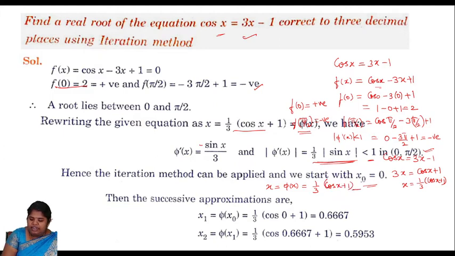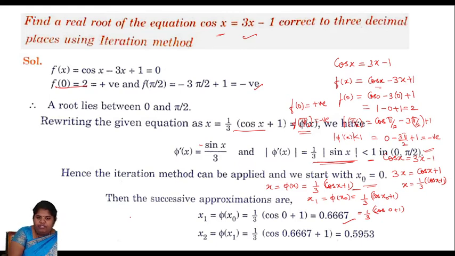In this equation, substitute the value of x naught. Therefore x becomes x1. x1 equals phi of x naught, which is 1 by 3 cos x naught plus 1. So 1 by 3 cos 0 plus 1, where cos 0 is 1. So 2 by 3, which gives 0.6667.